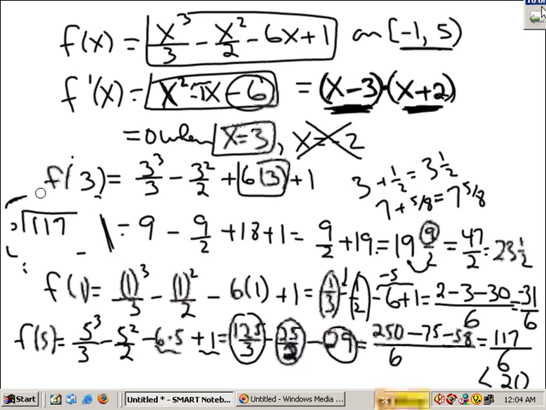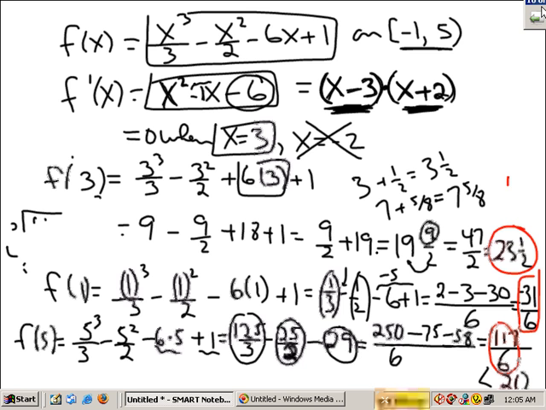Because before we looked at that number, the only numbers that came up were 23.5 and negative 31 over 6. Since this number is less than 20, it's not our max or our min. It's not the highest or the lowest.